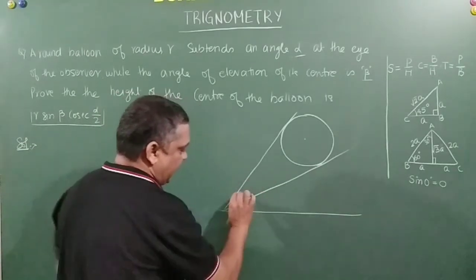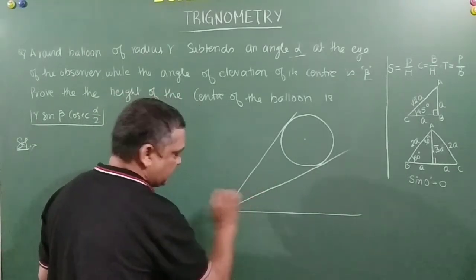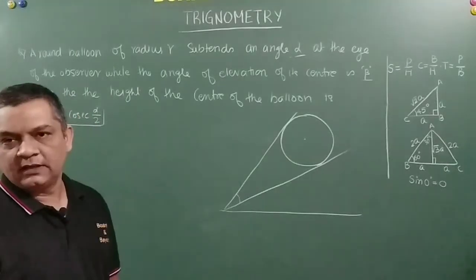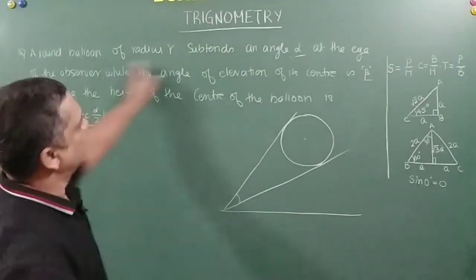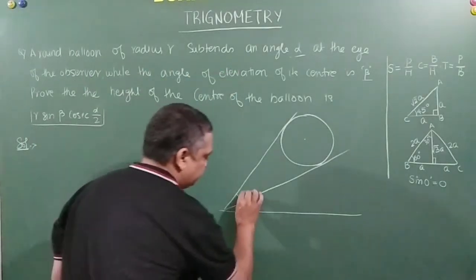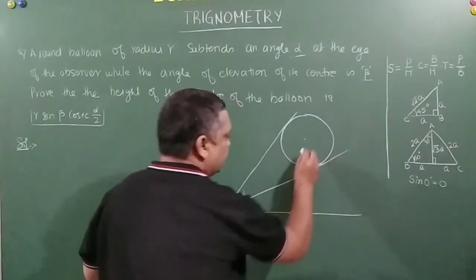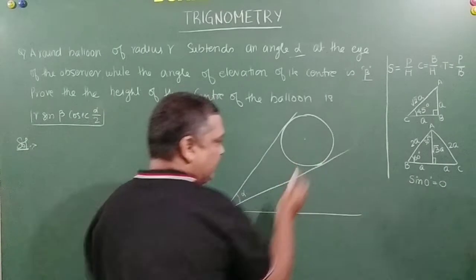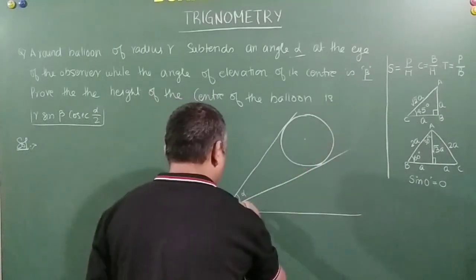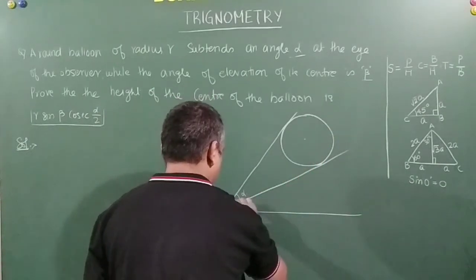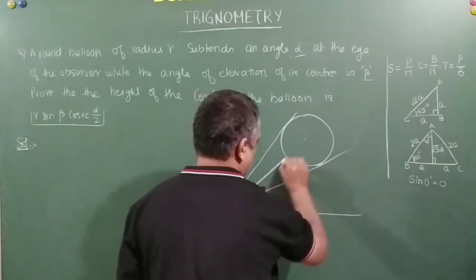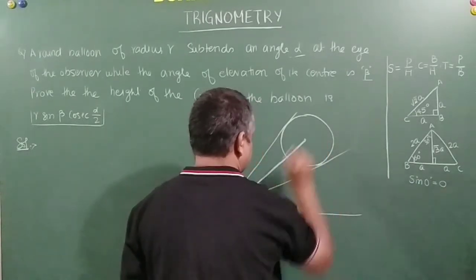Now this angle is how much? This angle is given to be alpha. And the angle of elevation of the center of the balloon, that is this.